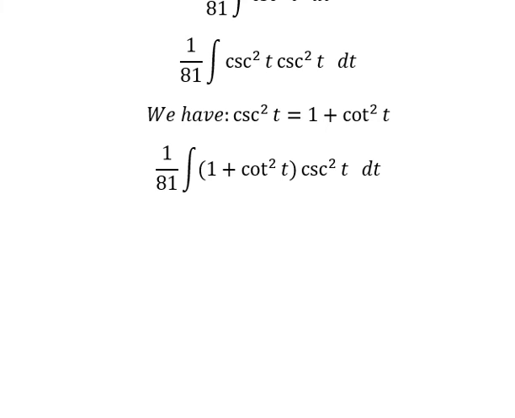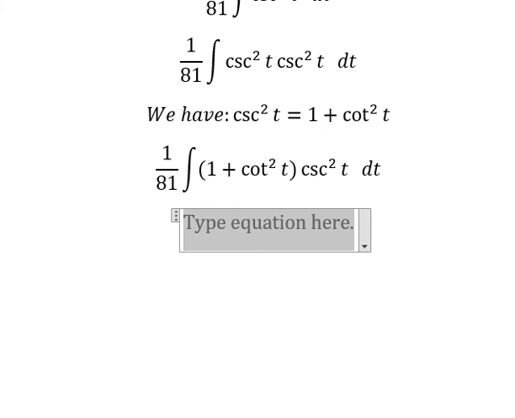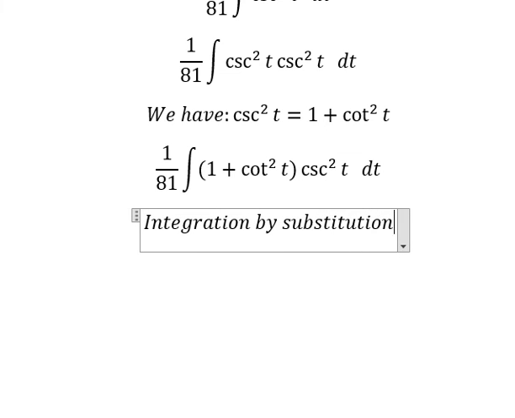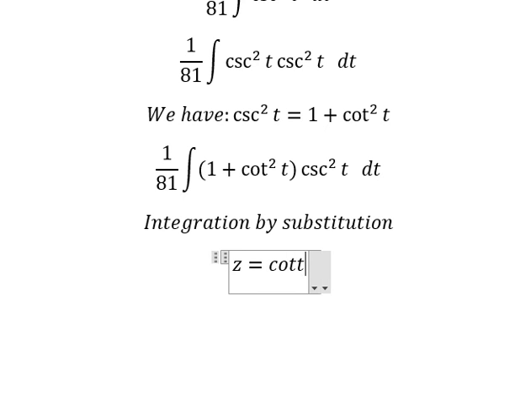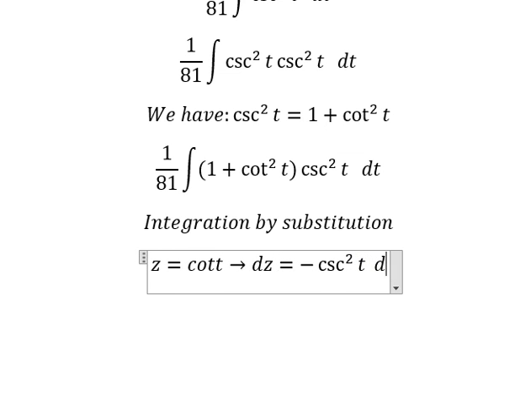Next, we can use integration by substitution. Now I will put z equal to cotangent t. Later we first take the derivative of both sides, and we have negative cosecant of t squared dt.